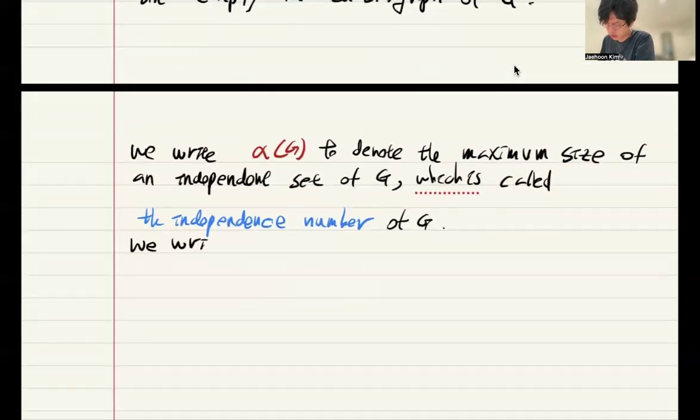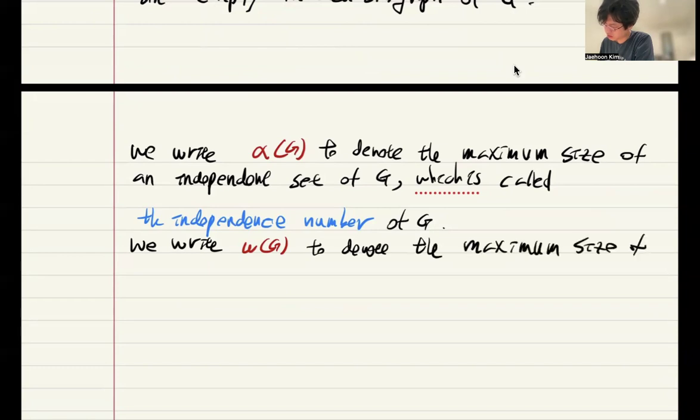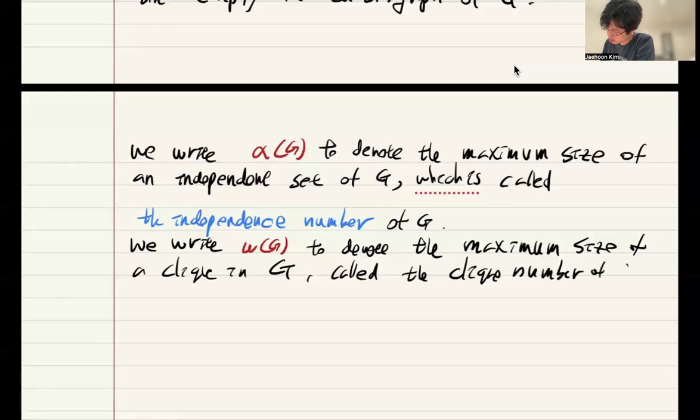And we write omega of G to denote the maximum size of a clique in G, called the clique number of G.